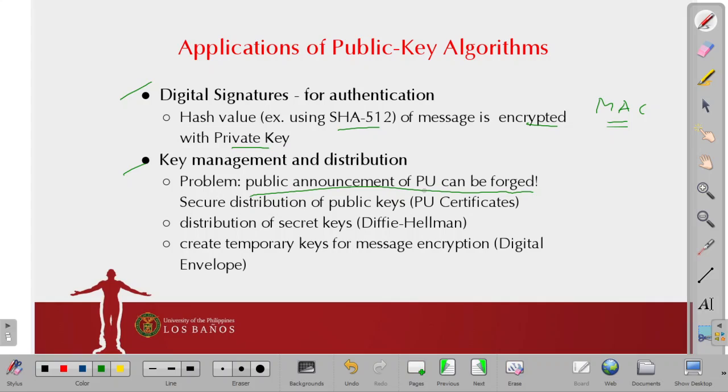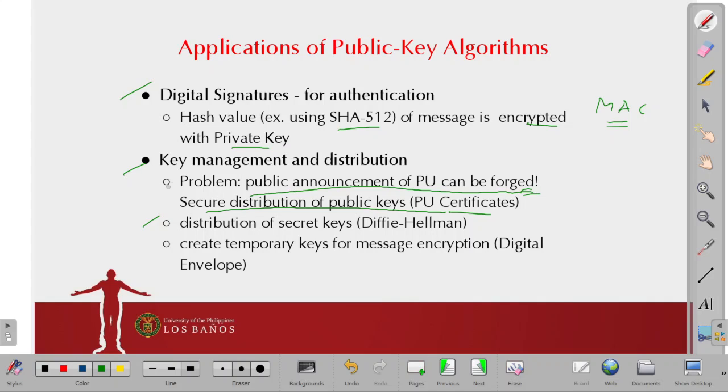Public announcement of the public key can be forged, okay? And there should be a secure distribution of public keys using certificates. And as I said a while ago, usually symmetric and asymmetric are used together.